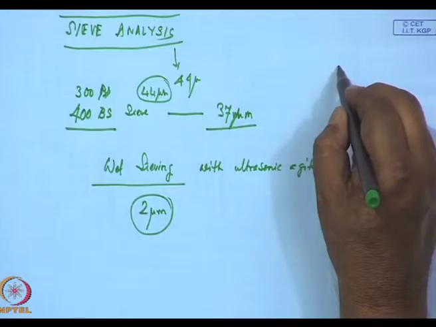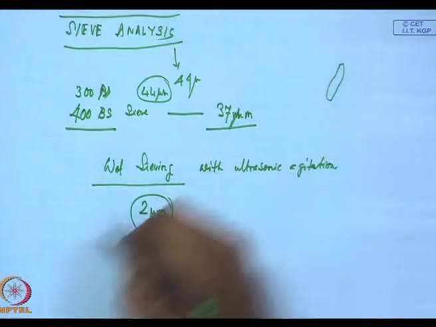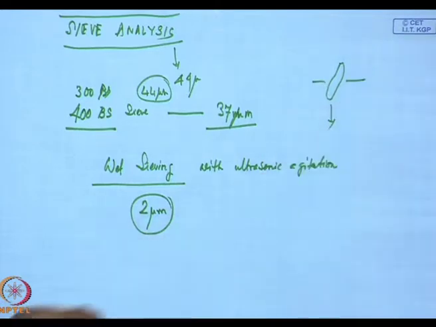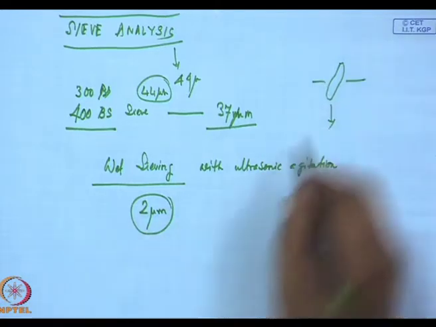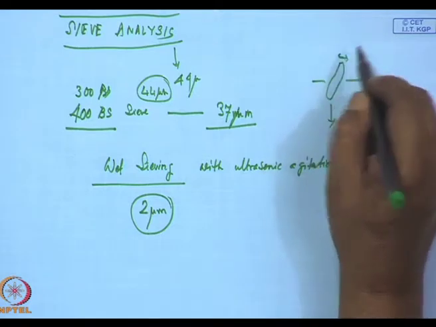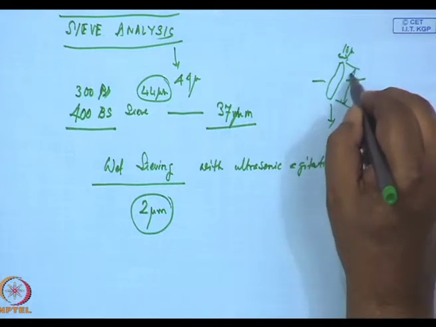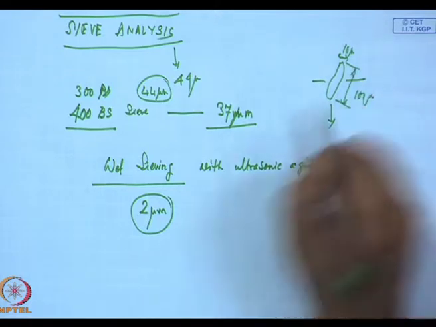So, here in sieve analysis, we are not really looking at the shape or the size of the powders, because a grain may be this, and this has slipped through the sieve. So, this may be say 10 micrometers, but this can be 100 micrometers.